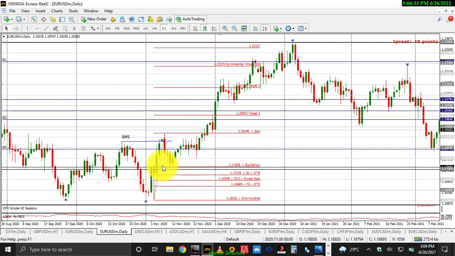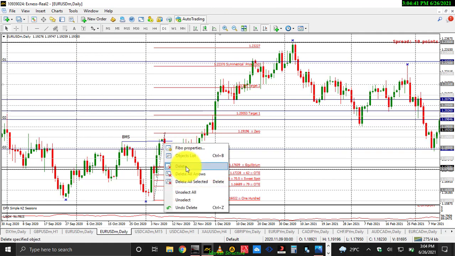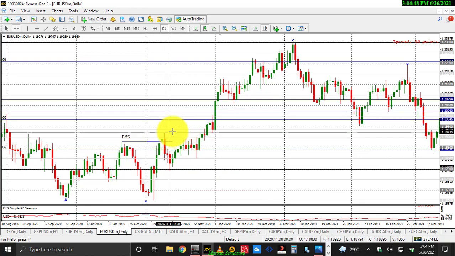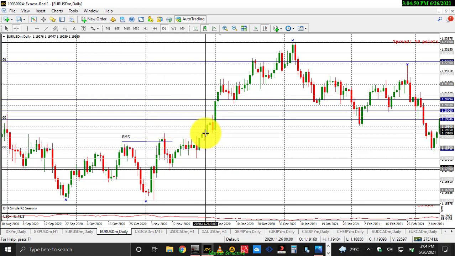So around this area we should expect price to move higher, or to come and take out this high over here, which is right there.